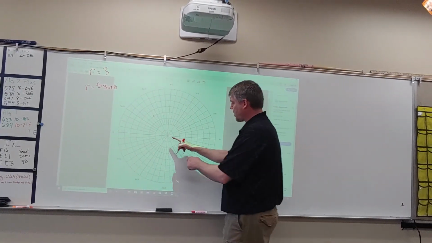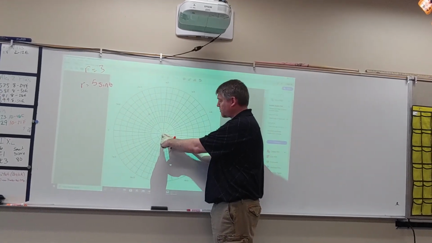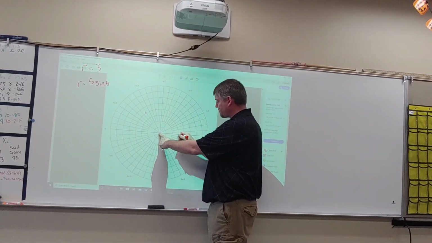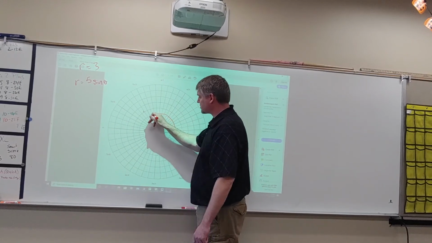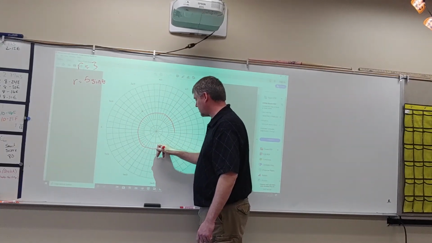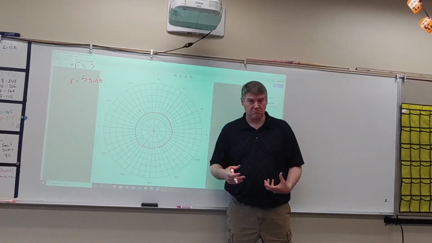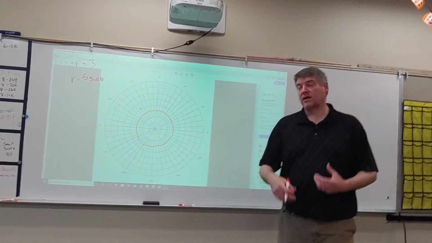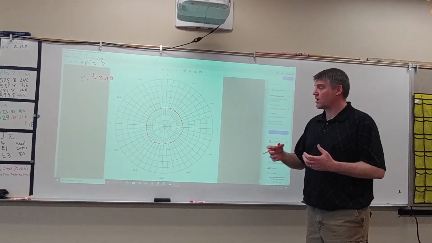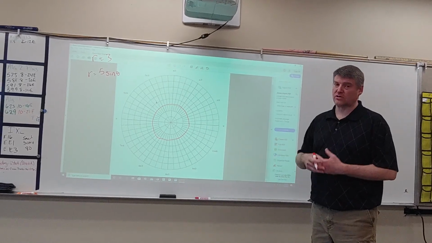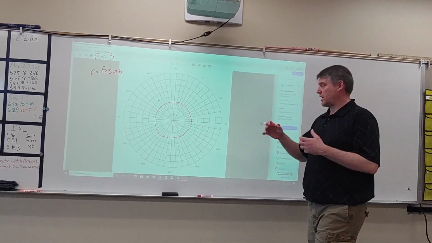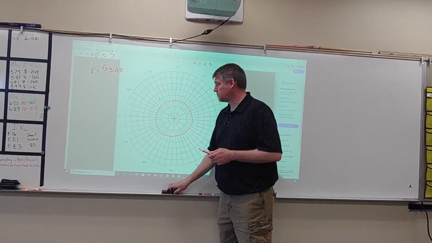So I start in my center, go out a radius of 3, 1, 2, 3. And all that's going to happen is I'm just going to travel along that circle of radius 3. That's not too bad. So if I have r equals a number, it's just a circle centered at the origin.